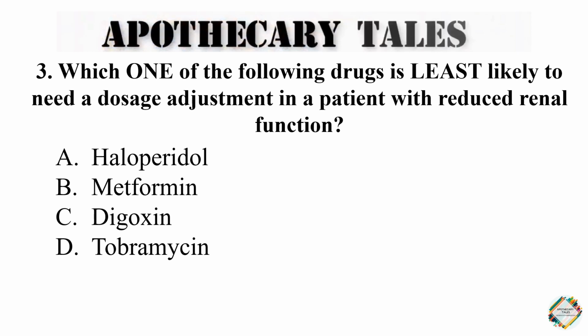Second, digoxin. Usually, digoxin and digitoxin are cardiac glycosides. Digoxin is mainly eliminated from the body via kidneys, whereas digitoxin is mainly eliminated via the liver. So therefore, as per the option given here, digoxin definitely is influenced or should be altered in renal impaired patients because of its renal clearance.